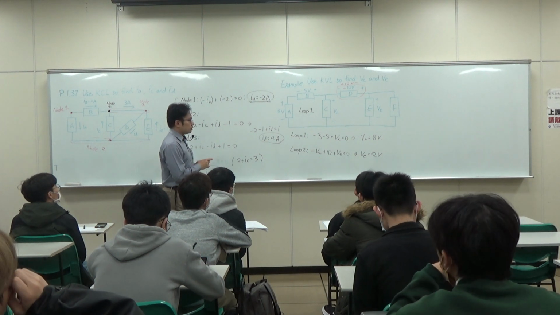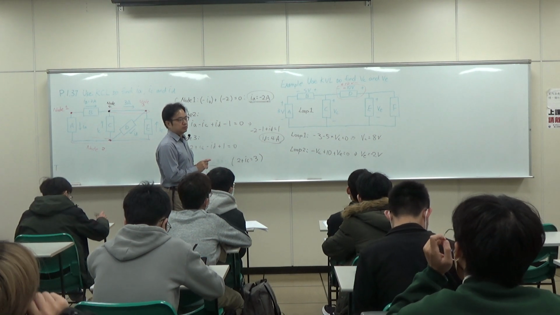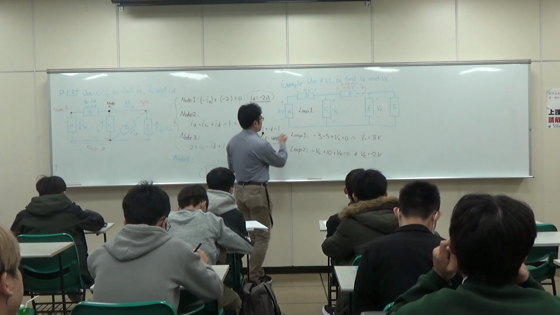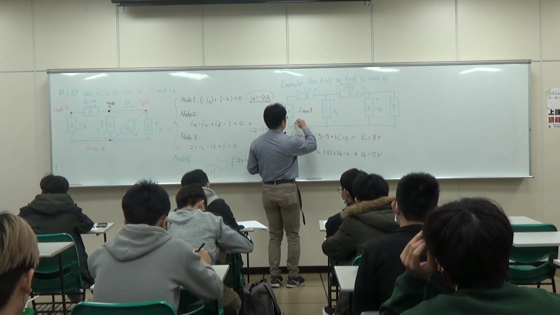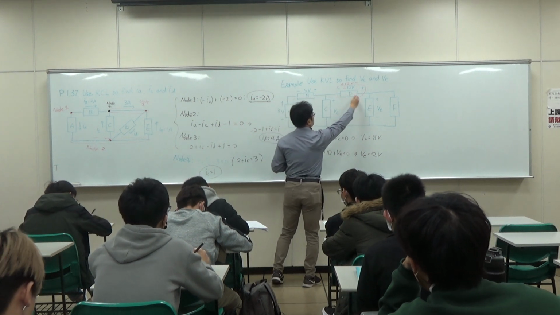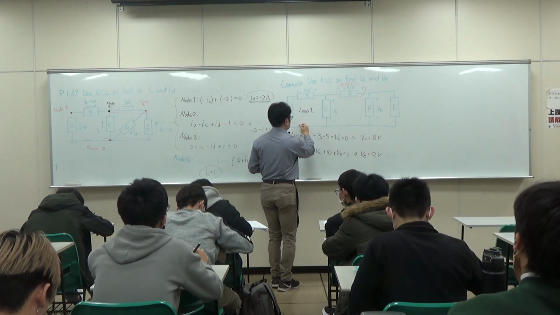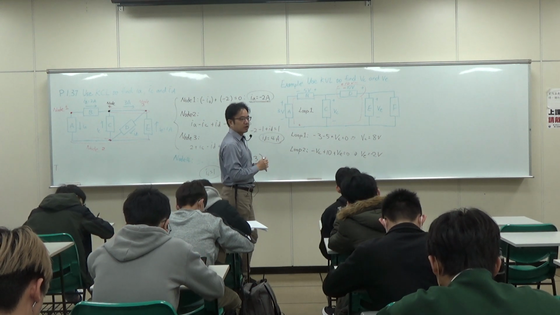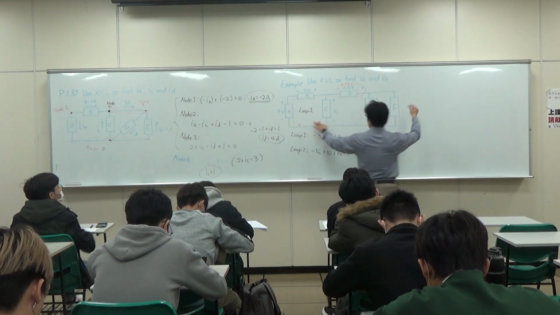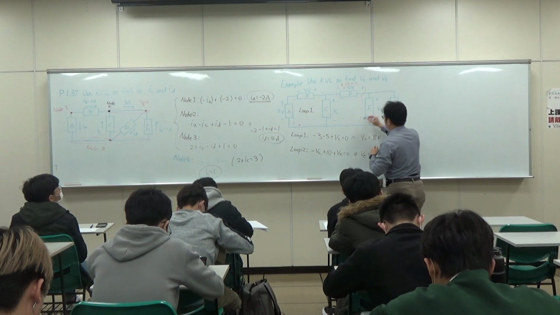And you can double check with other loop. How about let's double check with this loop? We double check to see if the voltage within this loop satisfies KVL. Okay, so we call it loop 3.